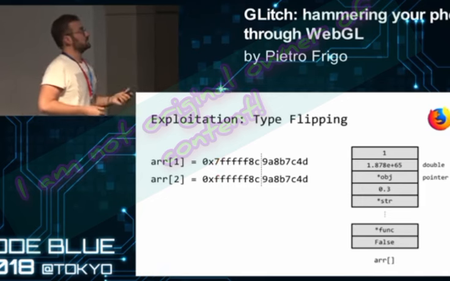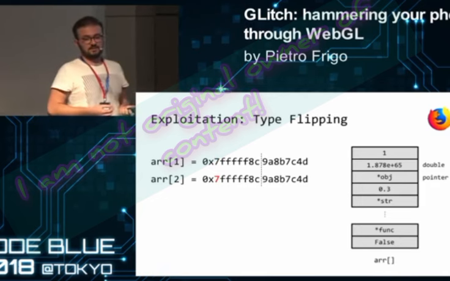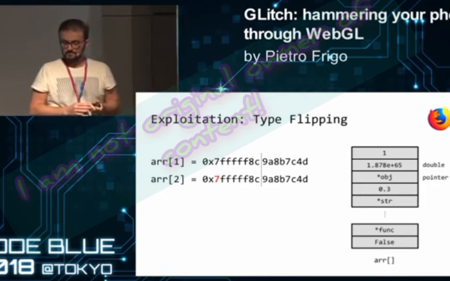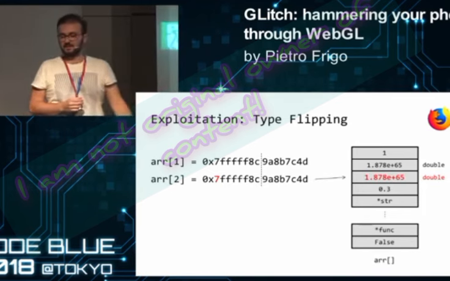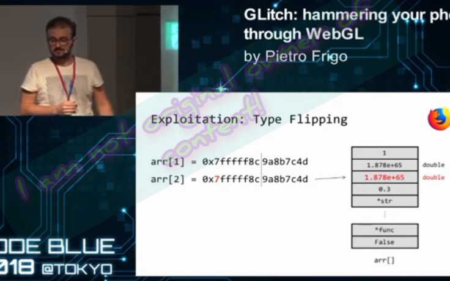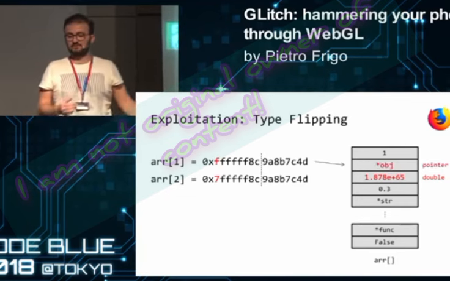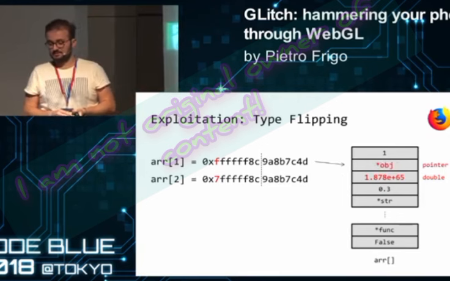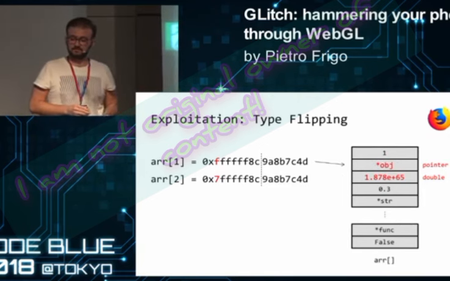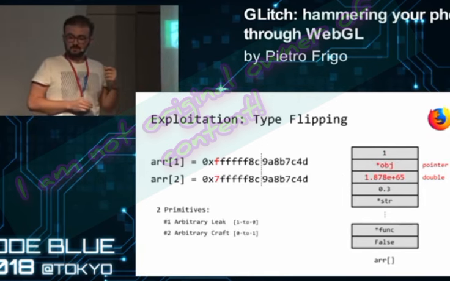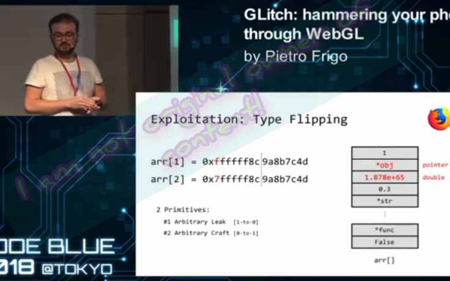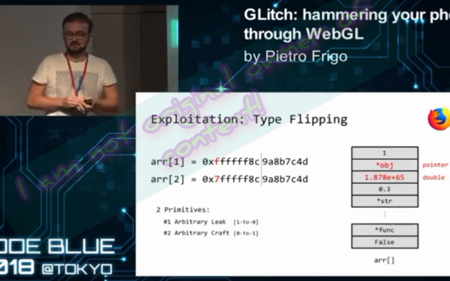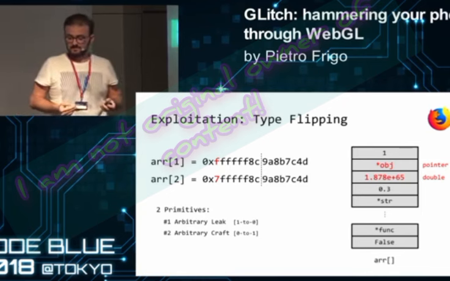By triggering a bit flip in the tag, you can convert any pointer into a double, which means that you can break ASLR, as simple as that. And you can convert any double into a pointer, which means that you can craft any pointer without any restriction. So this gives us two primitives: an arbitrary leak with a 1 to 0 bit flip, and an arbitrary craft with a 0 to 1 bit flip.